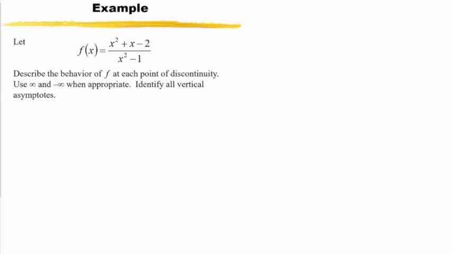So let's look at this example. Is this irreducible? Well, the first thing we want to do is look at the factors of the numerator. We have a quadratic with a lead coefficient of 1, and we need two numbers that multiply to -2 but add up to +1. And then the denominator is a difference of two squares, so it's x plus 1, x minus 1.